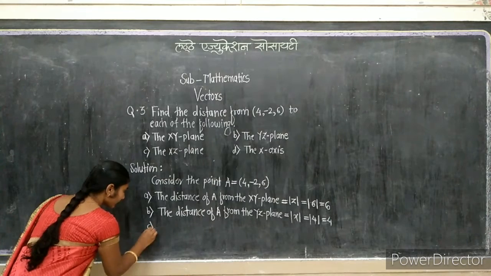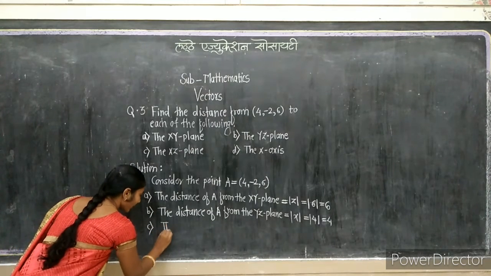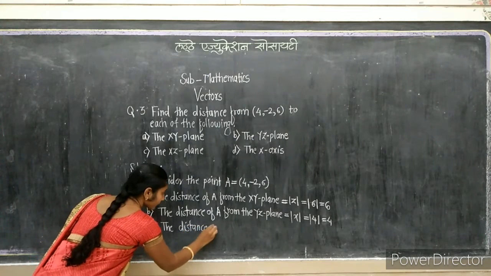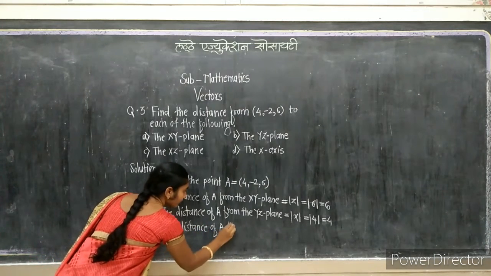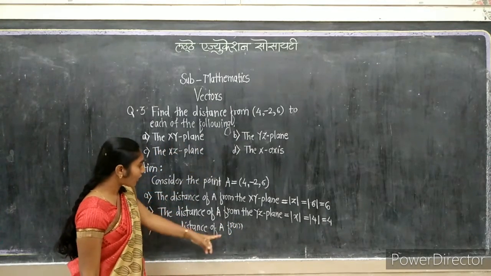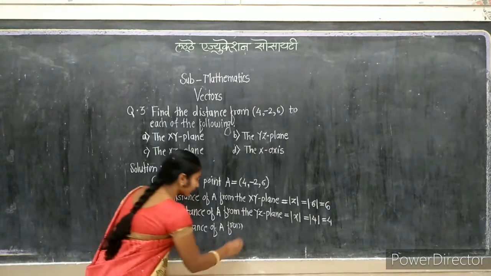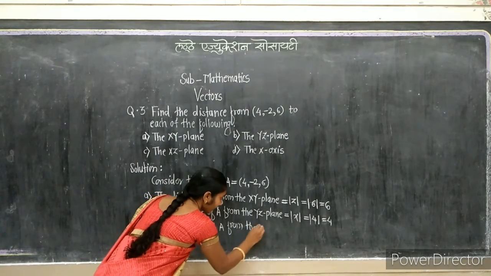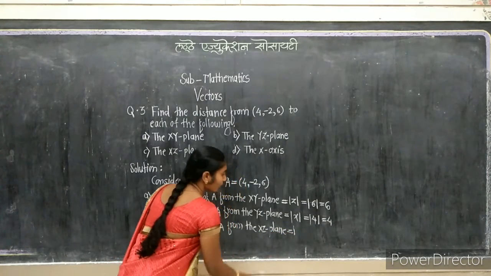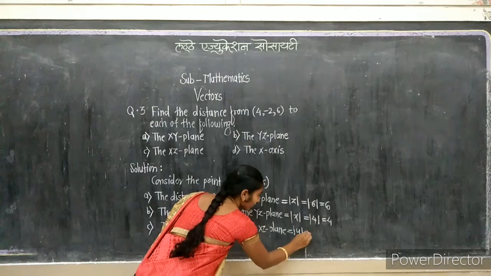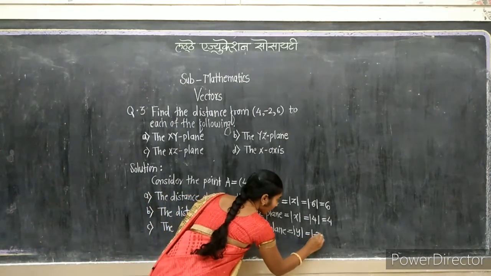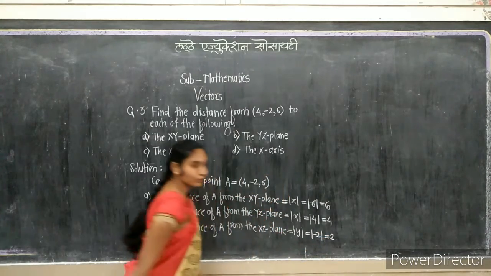Then C, the distance of point A from the XZ plane is equal to mod Y, which is mod of -2, modulus of -2 is 2.